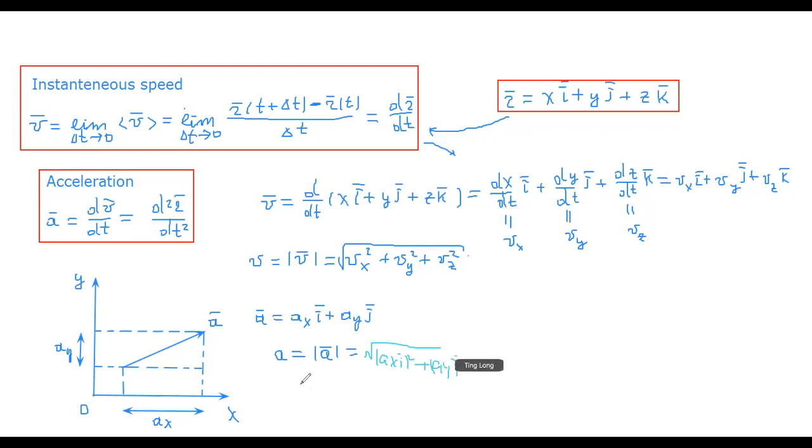Oh yes, this is correct. And so we have the key to understand this.